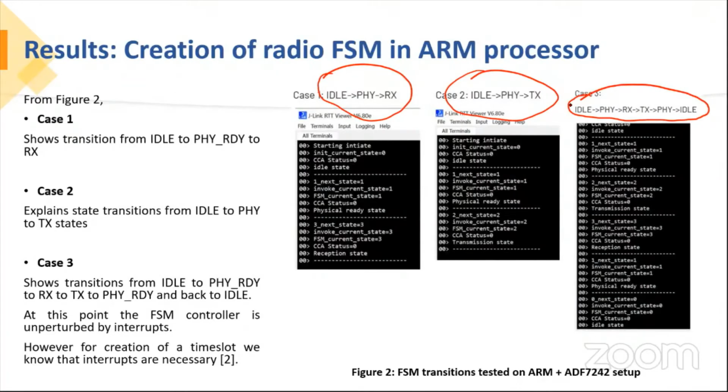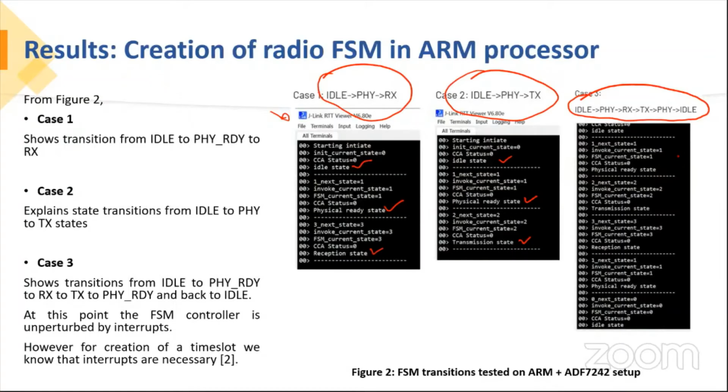All these four states. You can clearly see that it is going from idle to PHY ready to the reception state. This is actually coded, and we are watching it on the J-Link viewer, and it's able to print that out. Similarly, it is in idle, goes to PHY ready, and goes to the transmission state. Same thing here, all done.